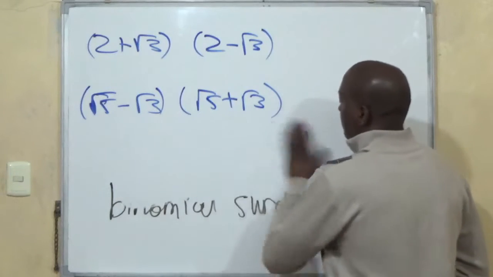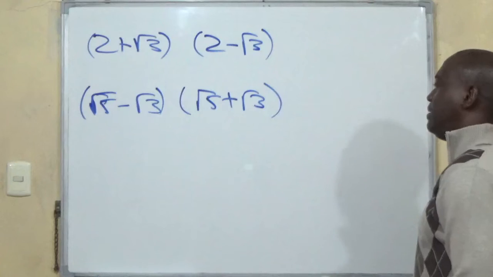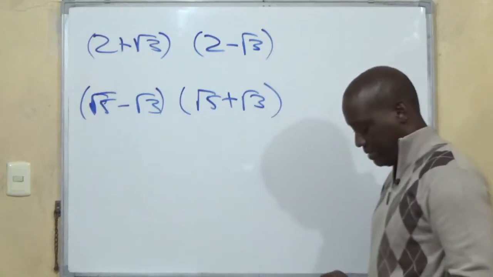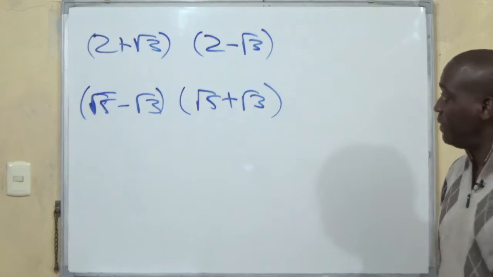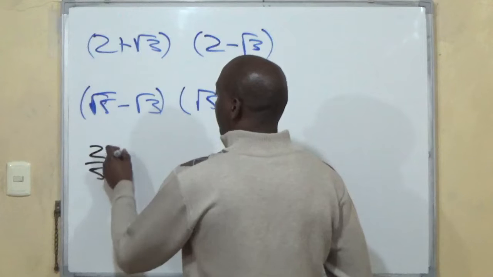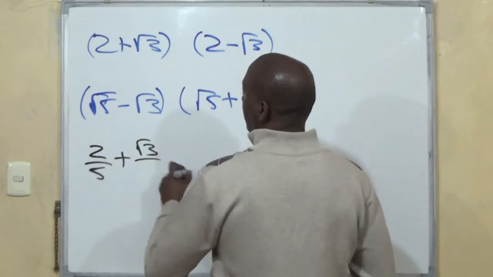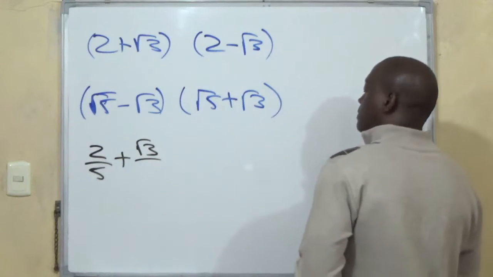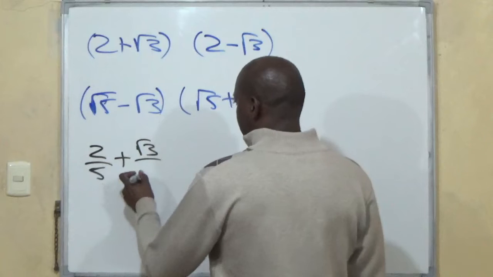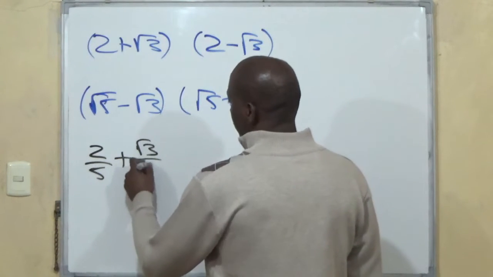How about if we have surds with fractions? Let me make life easy by dealing with this one here. Let me say I have 2 over 5 plus root 3 over 4.